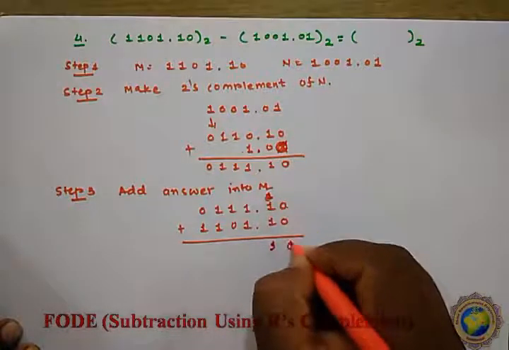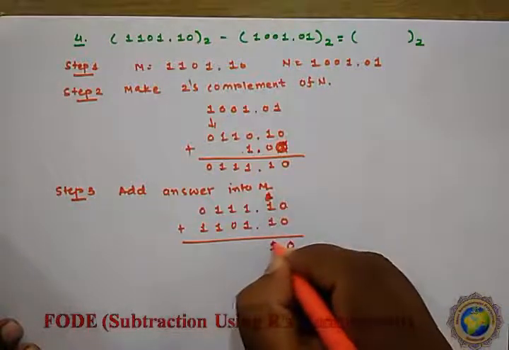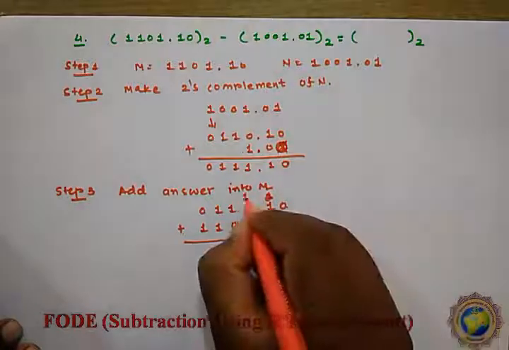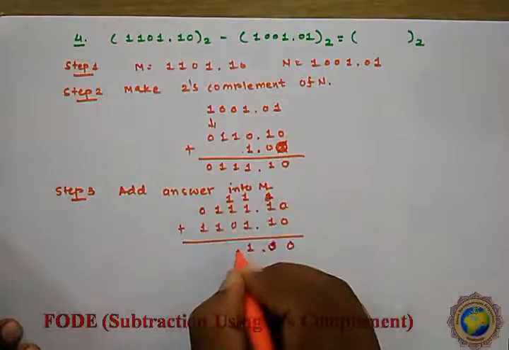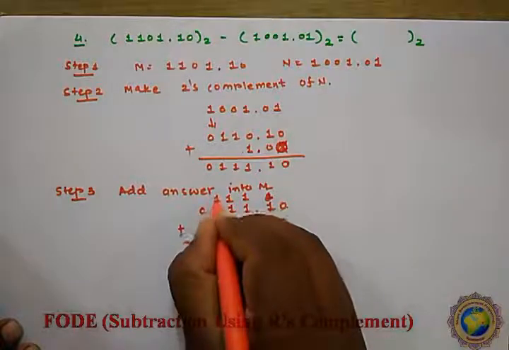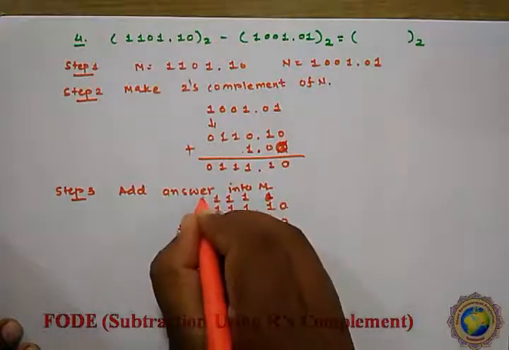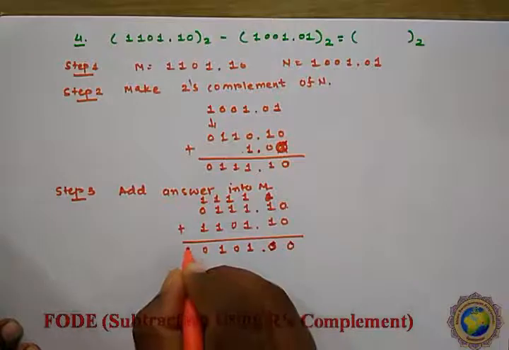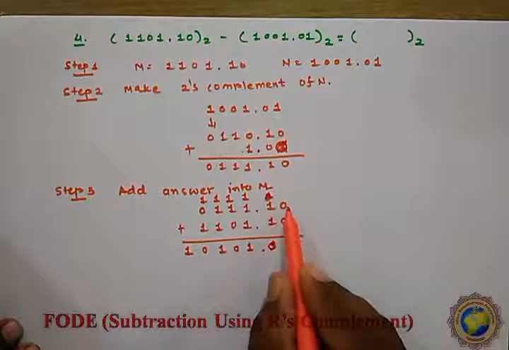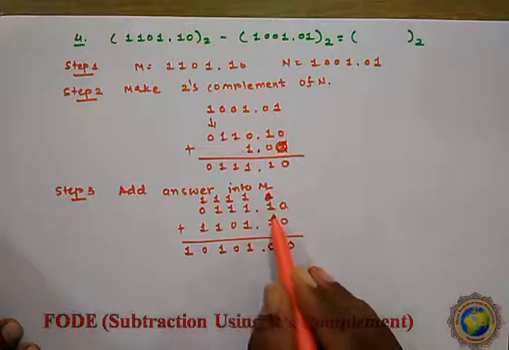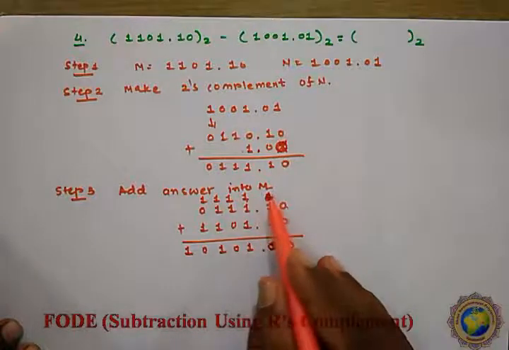Zero plus 0 is 0. 1 plus 1 is 0 and carry 1. 1 plus 1 plus 1 is 1, carry 1. 1 plus 1 is 0, carry 1. 1 plus 1 plus 1 is 1, carry 1. 1 plus 1 is 0 and carry 1. Here, 0 plus 0 is 0. 1 plus 1 is 0 and carry 1.